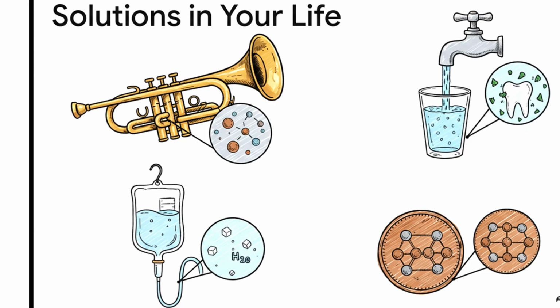Think about it. That brass doorknob, that's a solid solution of copper and zinc. The tap water you drink, it's a solution with fluoride ions dissolved right in it to keep your teeth healthy. And get this, even the IV drips in hospitals are super carefully made saline solutions, engineered to perfectly match the saltiness of our own blood. These aren't just random mixes, they're precise and they're critical.